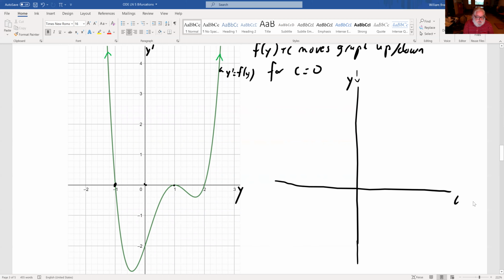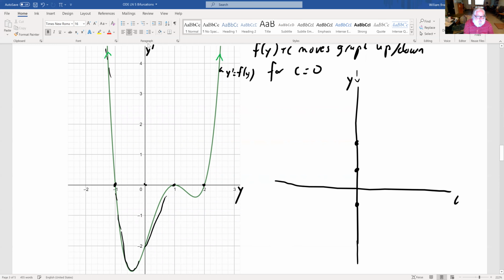Well, minus 1 is a root, and so that's where y prime is equal to 0. So is 1, so is 2. So these are all equilibria. What we see between minus 1 and 1 is that y prime is always negative.